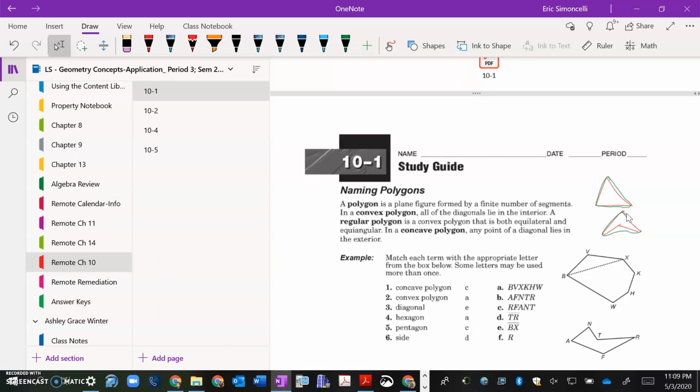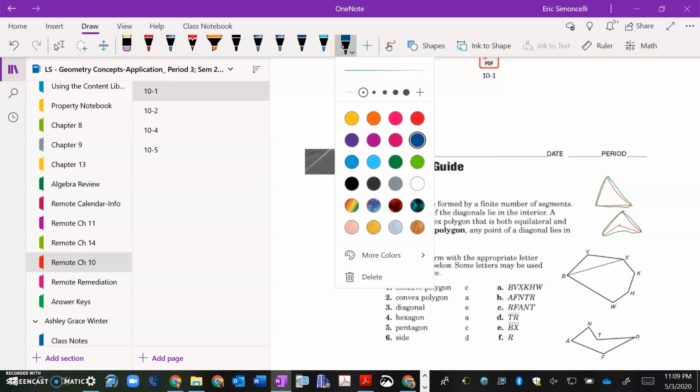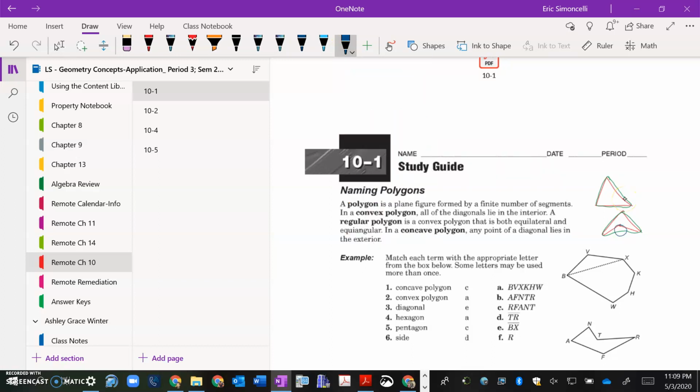The rubber band would stretch out in such a way that there would be a gap in between these two aspects, the point where this red side meets the other red side. So that's concave. So for number one, a concave polygon, they say is letter C.